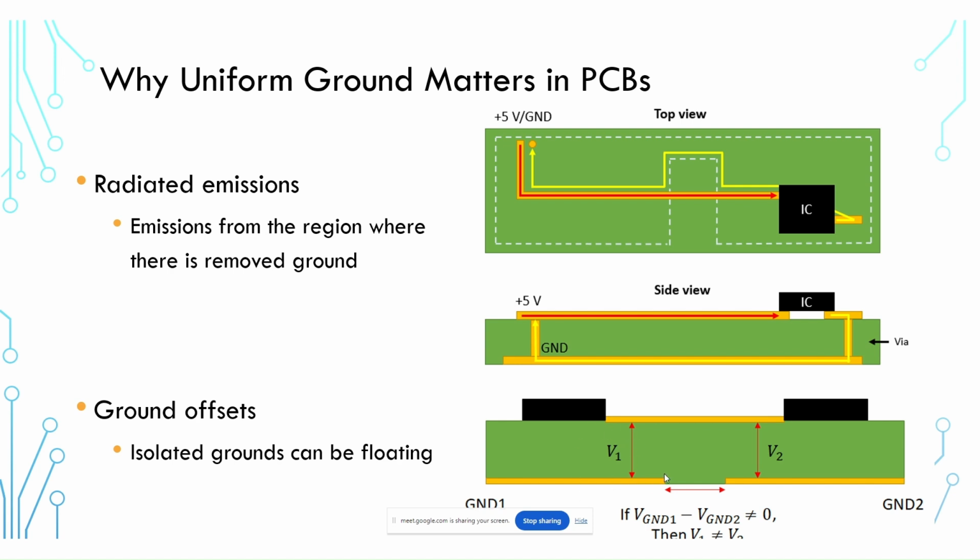Well, if ground 1 and ground 2 have a voltage offset between them, meaning if I take the voltage of ground 1 with respect to some other ground, let's say Earth, and then subtract the voltage of ground 2 with respect to some other ground, let's say Earth, I might get a value other than 0. Then the result is that if I measure V2, I don't get the same voltage as V1. So this is called a ground offset.